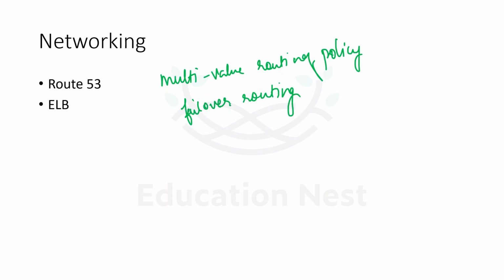Then we have elastic load balancers. Both of these services have health checks. So they will be giving the traffic only to the healthy infrastructure or only to the healthy instances. So what is the role of ELB?